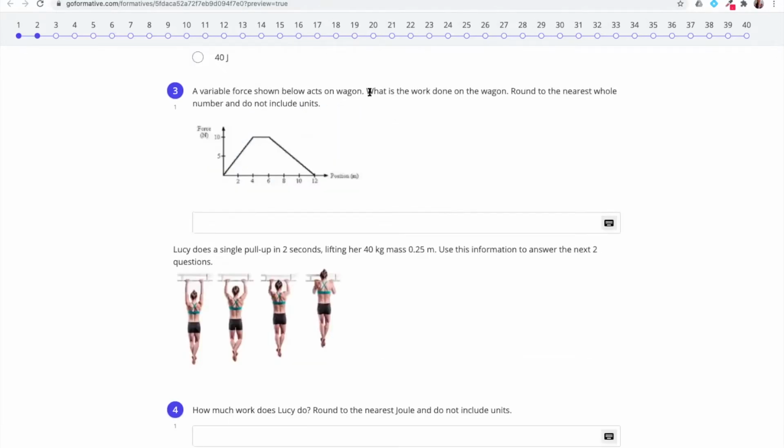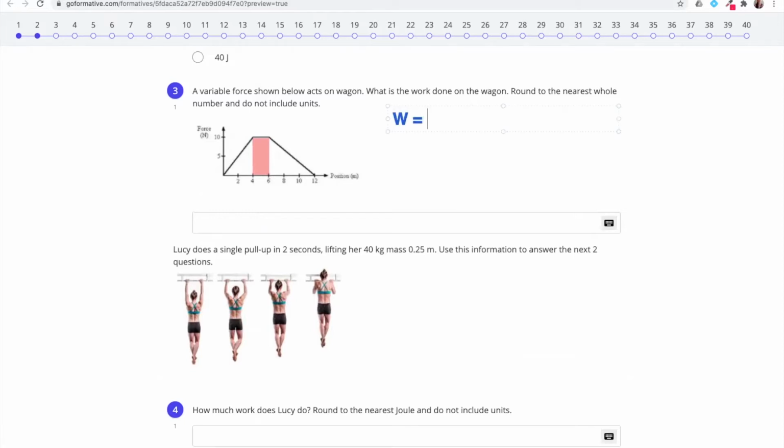Similarly, calculate the work done on the wagon. This is going to be taking area under a curve again. But notice this time that I have two triangles plus a rectangle shape. So I'm going to treat all of these separately. So just to split it up, I've got a triangle to the left.